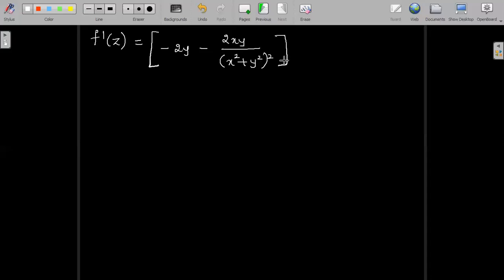This is psi y for us, plus i into psi x. So i into psi x is nothing but 2x plus y square minus x square divided by x square plus y square the whole square.